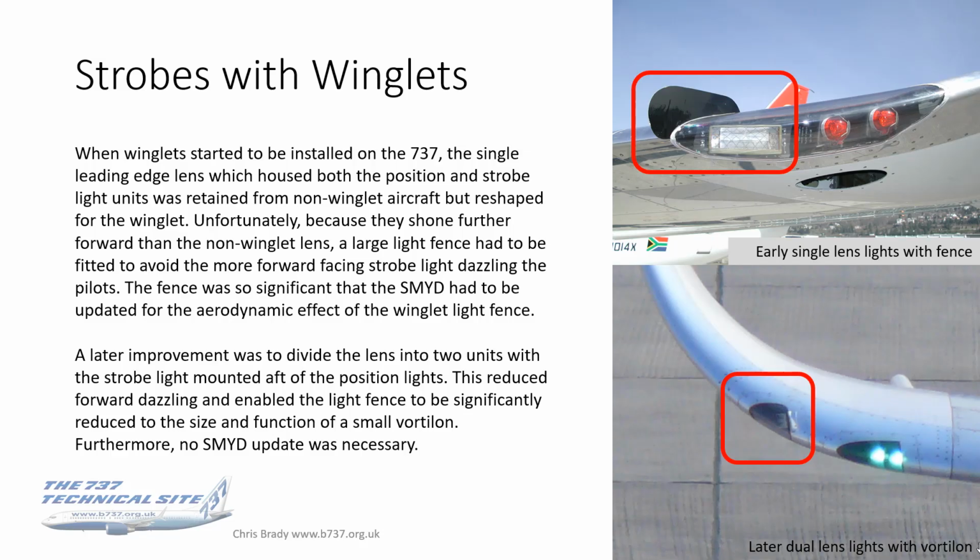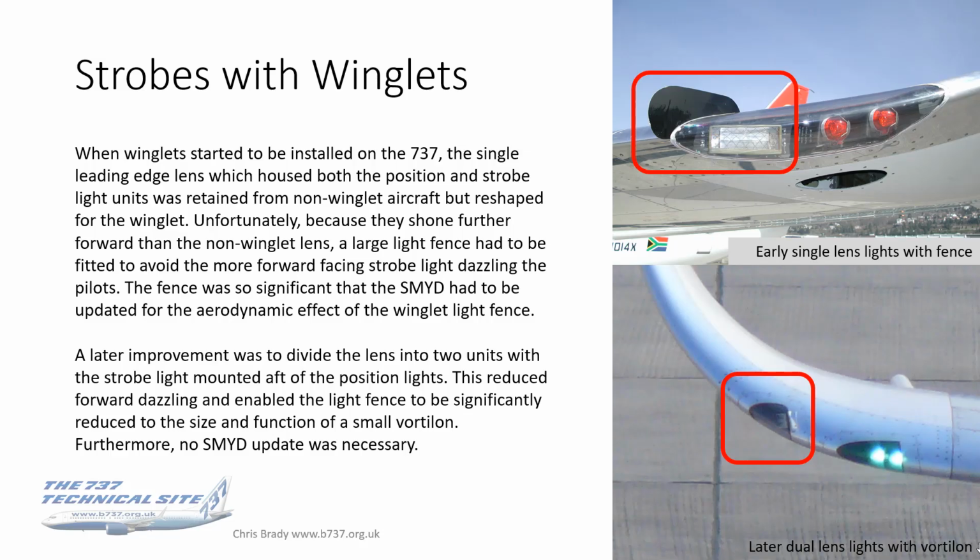So they had a little rethink, and what they did was they divided the lens into two units, as you can see on the bottom photo. So they separated out the strobe from the position light, and located the strobe light further aft, to reduce the forward dazzling. Now there is still a small light fence there, but it is very, very small by comparison with the other one for sure.